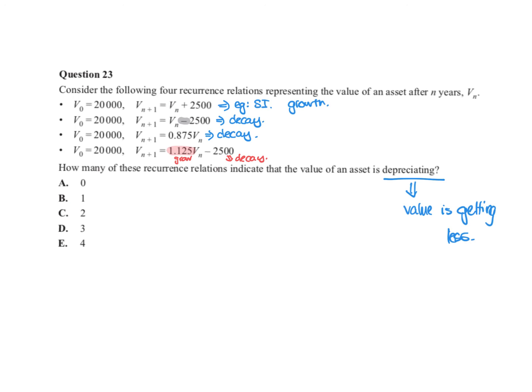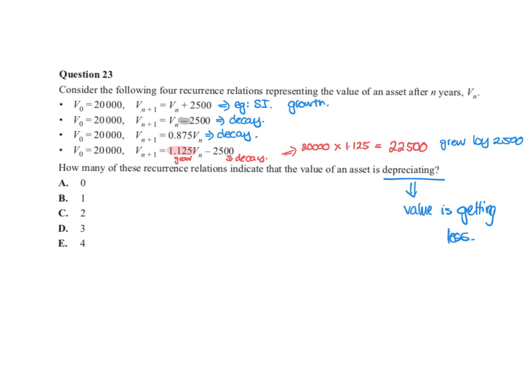So say for example, let's look at the first term, and if I do 20,000 and then I times it by 1.125, what do I get? Yeah, so if I do that, I get 22,500. So can you see, this one grew by 2,500, didn't it? But we're taking that away.